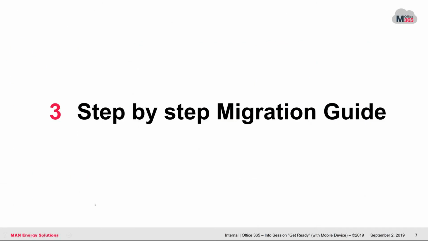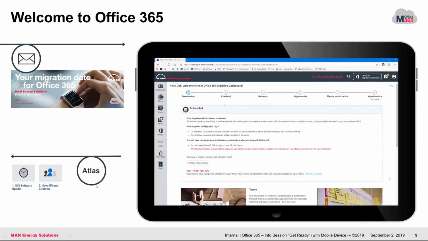Now, let's get a little bit more into detail about what we've shown you on the last slide. First of all, as you might have received already, there is the email, your migration date scheduled. So you get to the portal, and here we already give you the information about what's going to happen on migration day.